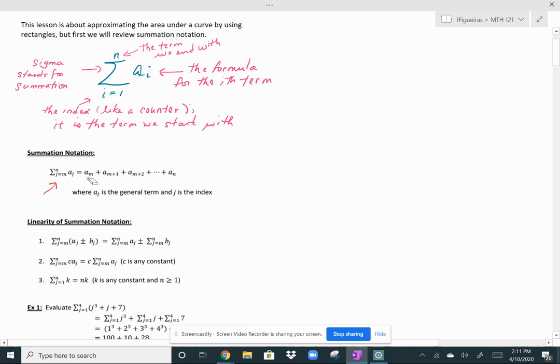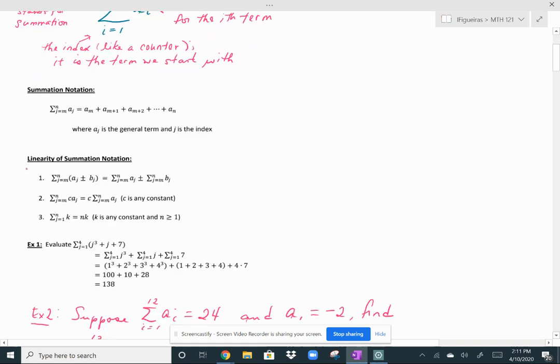So, linearity of summation notation. These are just some properties that we should know. If you're taking the summation of two terms, a sub j plus or minus b sub j, adding or subtracting, that's the same as taking the individual sums and then adding or subtracting them. So you get the same result either way.